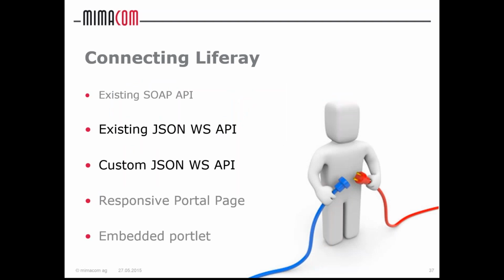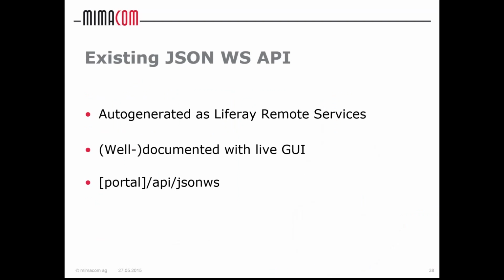To be complete, I think we can also use a responsive portal page on a device that will show some functionality from the portal, and we can use an embedded portlet, but I think this is not an option for us now. So, the existing JSON Web Services API.